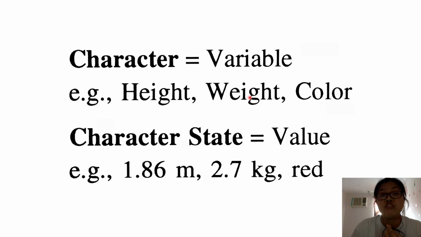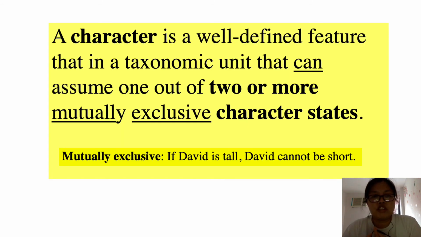Character state of weight can be 2.7 kilograms, can be 1 kilogram, and so on and so forth. And then color, the character states can be red, blue, green, and other color. Okay, so going back to the definition, it can assume one out of two or more mutually exclusive character states. Meaning, if David is tall, David cannot be short.